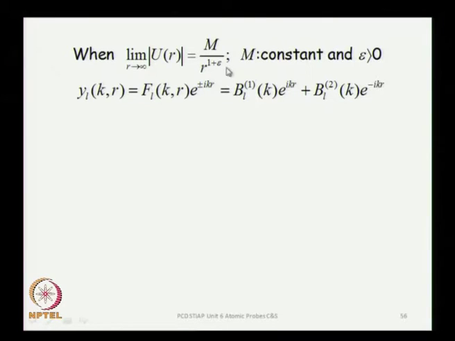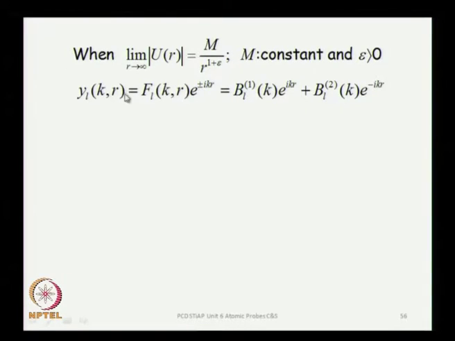You can go through it, in which the Coulomb problem is discussed in great detail, but we will restrict our discussion to those potentials which do go to 0 as r tends to infinity, but at a rate which is faster than the Coulomb potential, which is faster than 1 over r. So it is 1 over r to the power 1 plus epsilon, epsilon could be no matter how small, but it must be greater than 0.